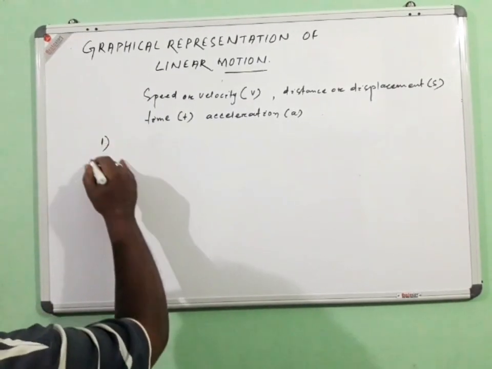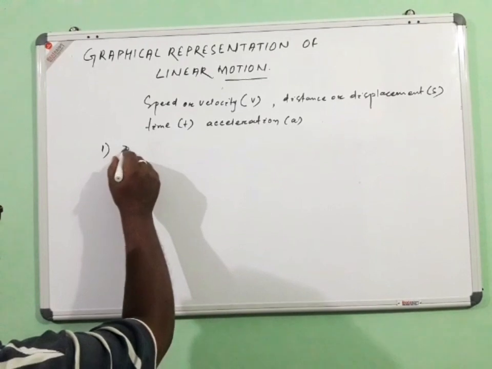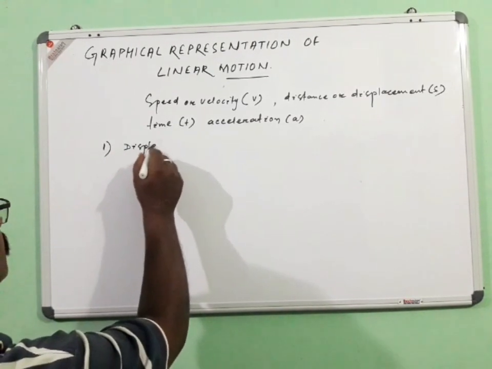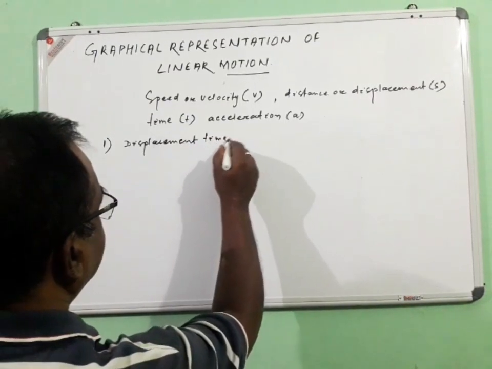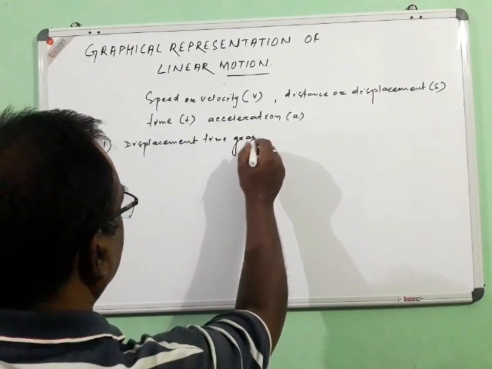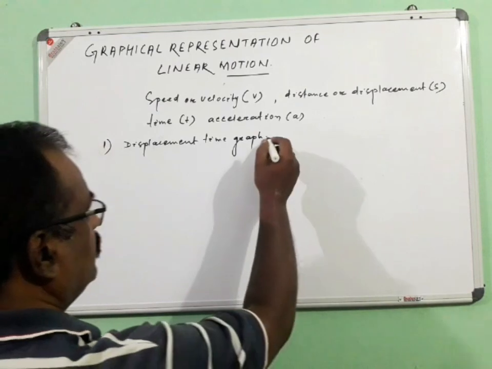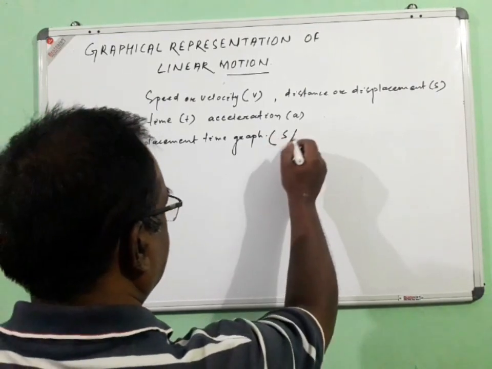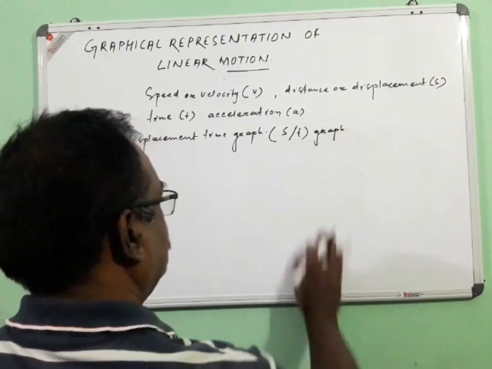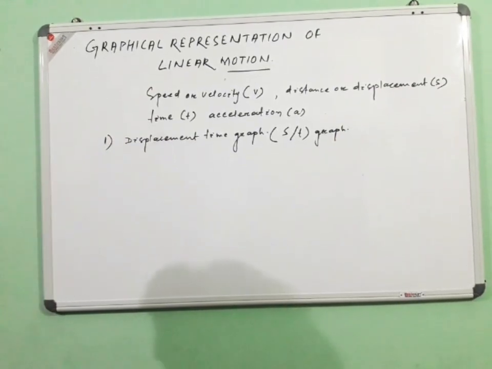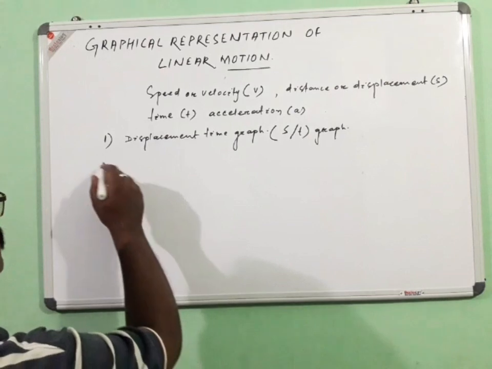Number one, that is the displacement time graph, in short, the S versus T graph, where T is the independent variable and S is the dependent variable.